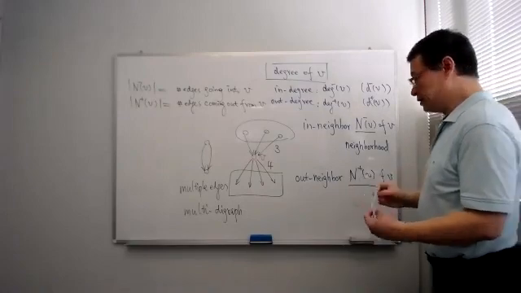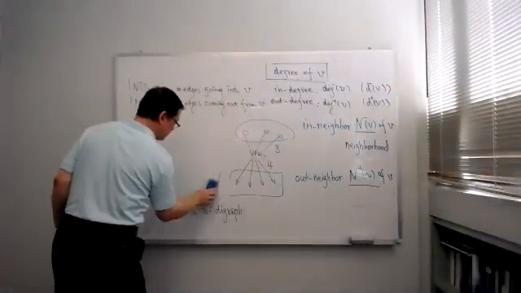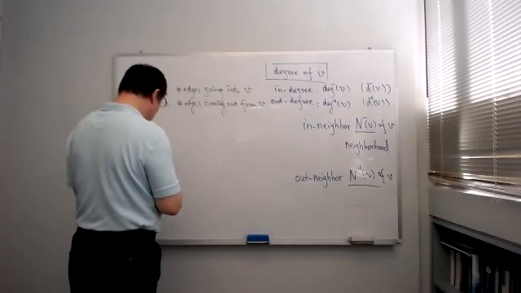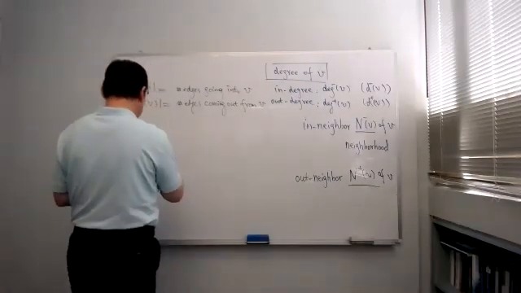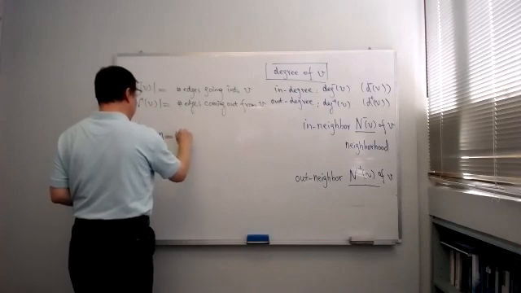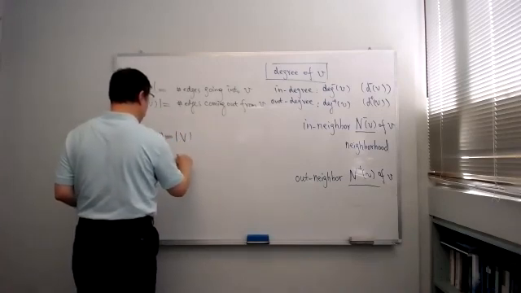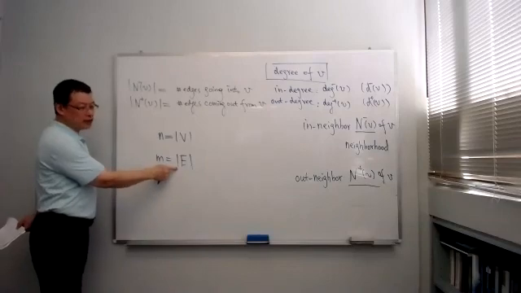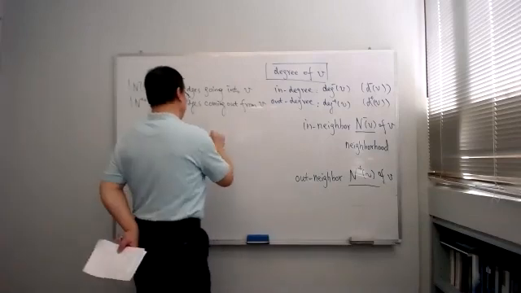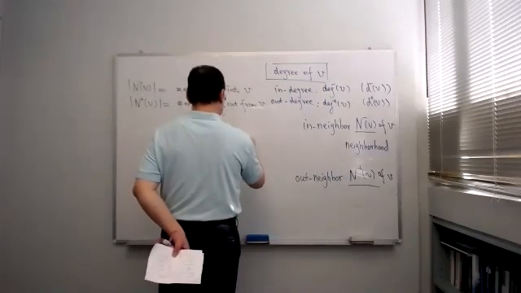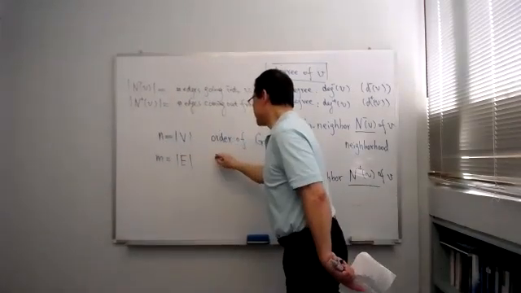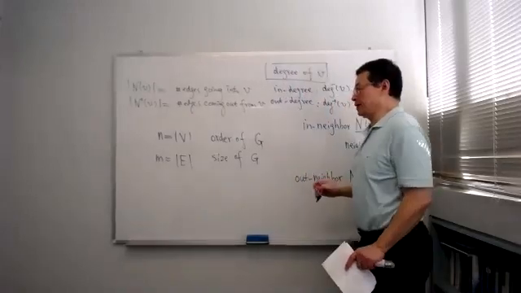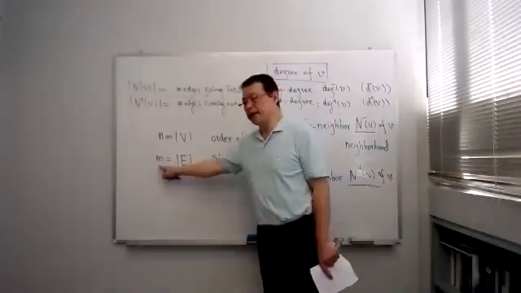And one more. Conventionally, we use n to denote the number of vertices, and m denotes the number of edges. n is called the order of the graph, and m is called the size of G. Strictly speaking, when we say the size of a graph, we refer to the number of edges.